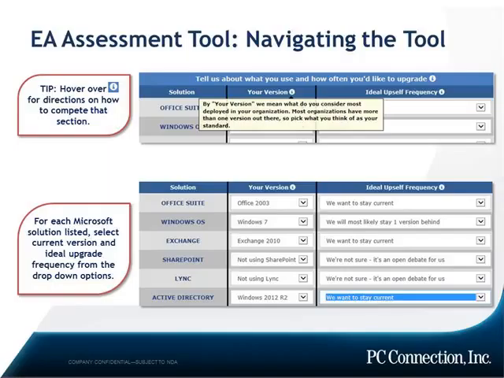Central to the heart of an enterprise agreement is what kind of upgrade path you're on for the big pieces of the Microsoft stack: for Office, for the Windows OS, for your email, for SharePoint, Lync, for your Windows servers. So here we just ask you to identify what version you're using today and what would be your ideal upgrade frequency. If you could wave a wand and say, how often would I like to upgrade this technology? That's what we're looking for. So that gives us some really key data for uncovering things that are central to determining whether an enterprise agreement is a good fit or not.